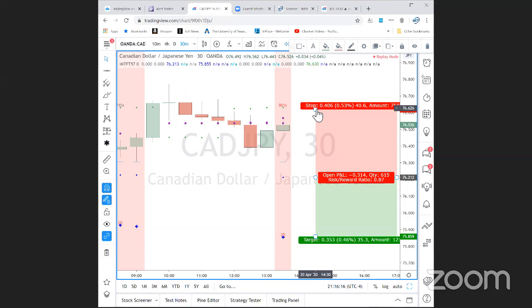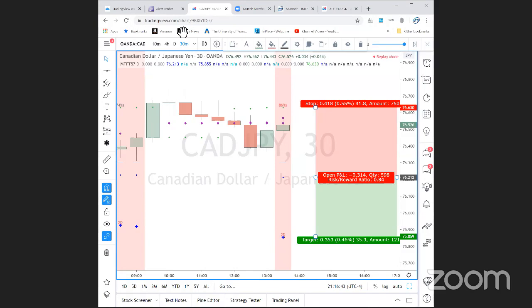Then you can decrease that risk to a point where it's 1/3 and it becomes 3 to 1. That's as simple as that. So as a beginning trader, as you're learning to recognize what makes a good breakout trade and so forth, you want to have that extra risk there so you don't get stopped out for no reason at all. And that's what we have there. So this is my trade here.